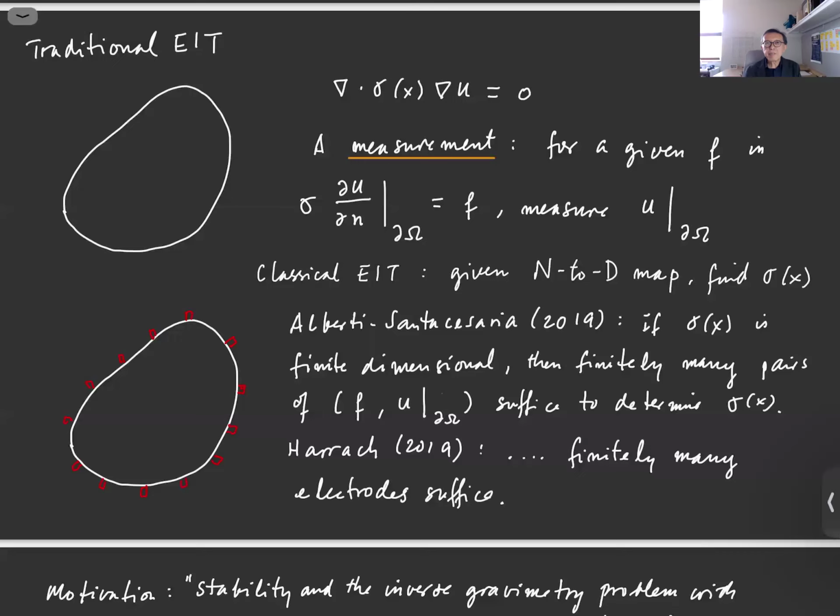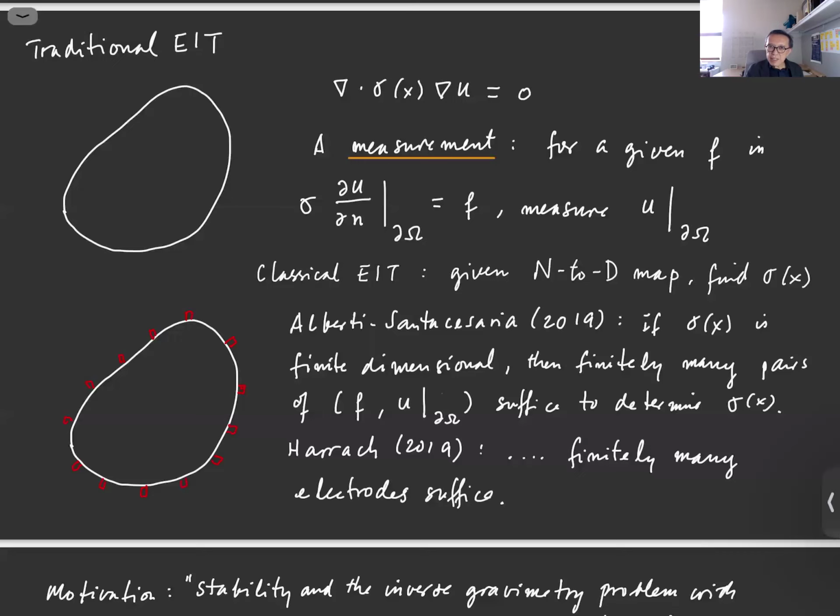A measurement means that you have chosen a current distribution, and then you measure the boundary values of the boundary potential. In classical EIT, you have the entire map, which means that you have every possible pair of F and the measured data. And so you can find sigma, the conductivity distribution, from the totality of the Dirichlet to Neumann map.